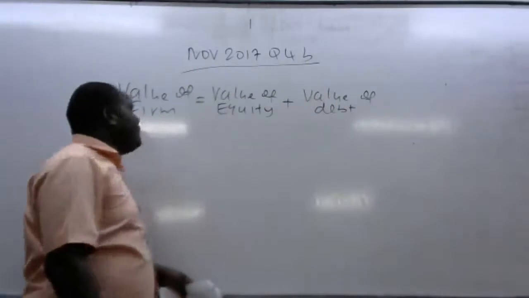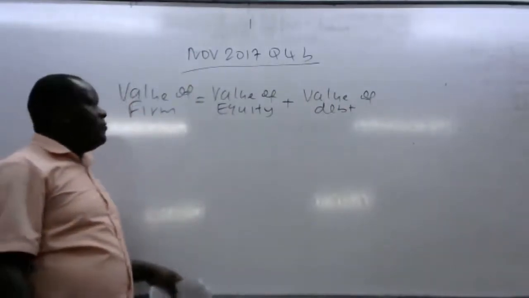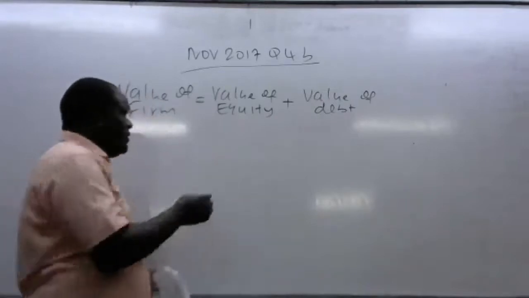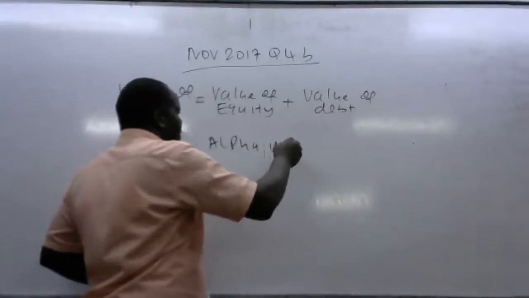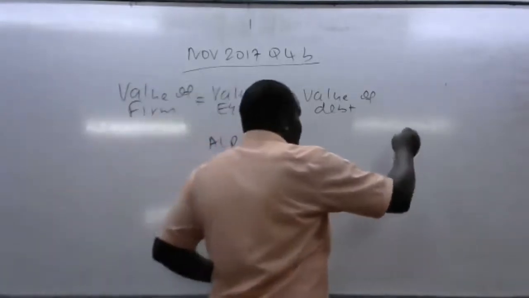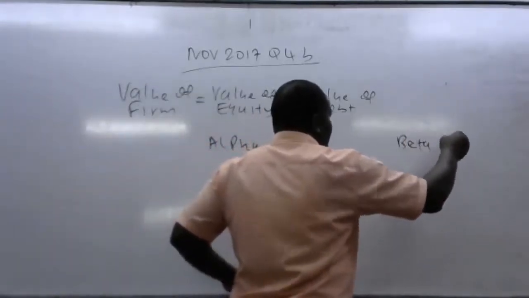So value of the firm equals value of equity plus value of debts. There are two firms, Alpha Limited and Beta Limited.